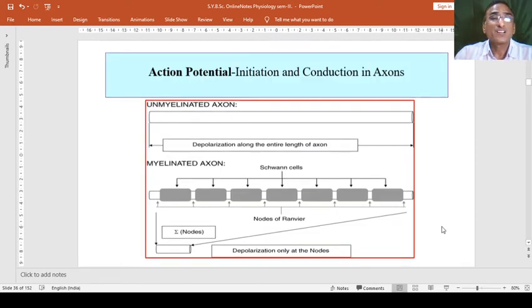Next, the action potential is to be described in both unmyelinated axon and myelinated axon, and the initiation and conduction of the impulses or messages to the axons is pictured here.